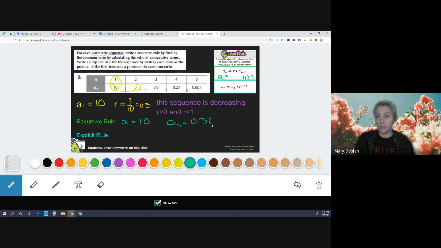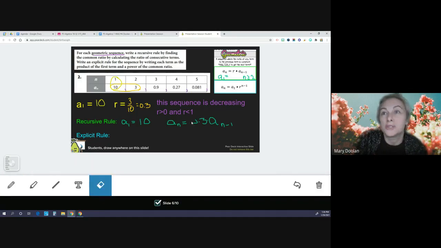3/10. And then I'm going to multiply that by a sub n minus 1. Sorry that this is me writing with a mouse. It's not beautiful, but those are multiplied. That looks like 0 times 3.